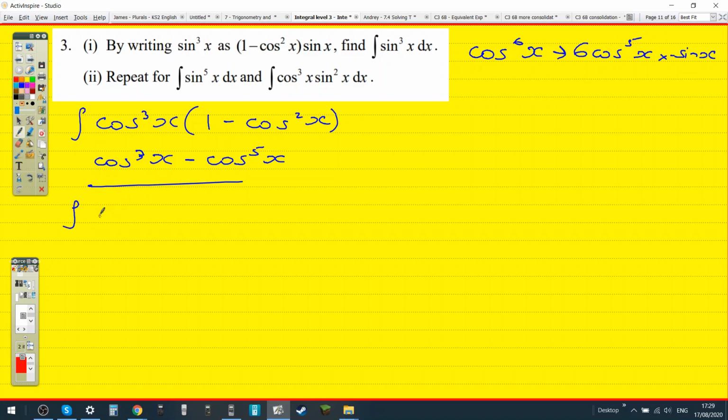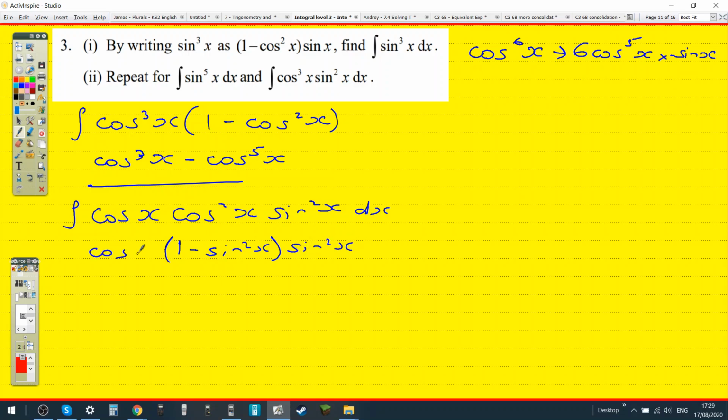So cos cubed x is cos x times cos squared x, which is 1 minus sine squared x. So why couldn't these be added and just become 1? Because they're being multiplied. I'm not sure if you can add them. Oh, you definitely can't. I'm just lamenting. Okay, so that's what we have.